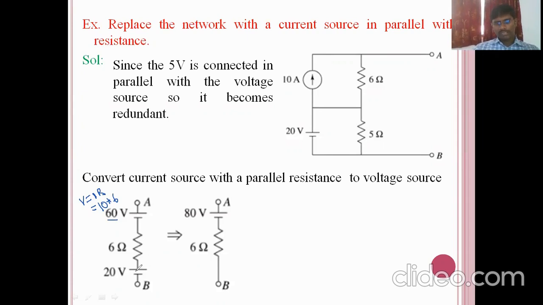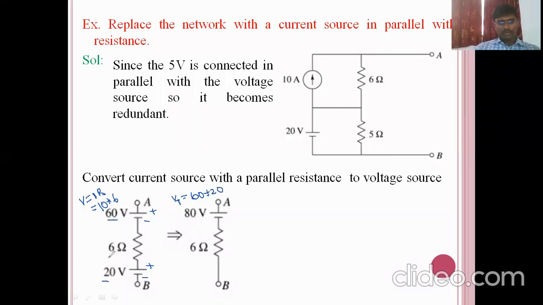However, the 20 volts is there. The equivalent network will be 60 volts and 20 volts, both in series. If you take plus and minus, both sources are in aiding direction. So the resultant VT is equal to 60 plus 20, which is equal to 80 volts.